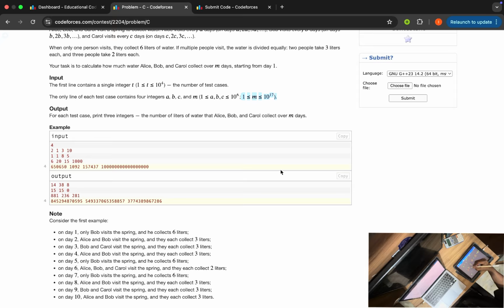One gets every day, and 3 gets that. Okay, so how many days does 1 interrupt all of them? How to calculate that? I forget about that.